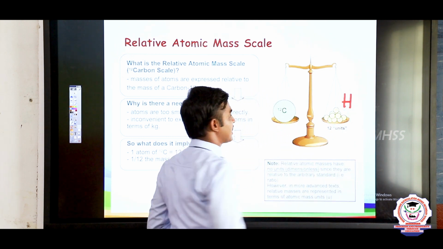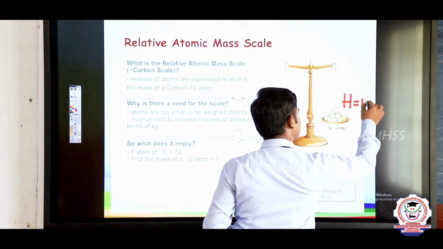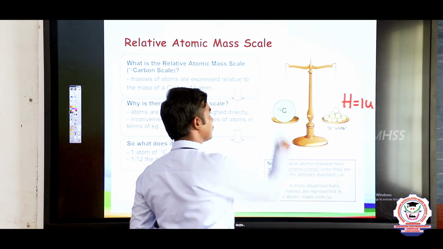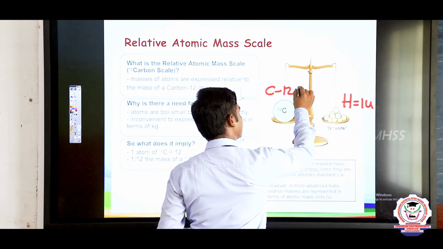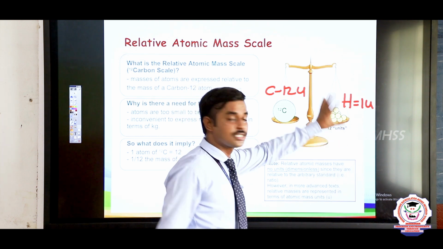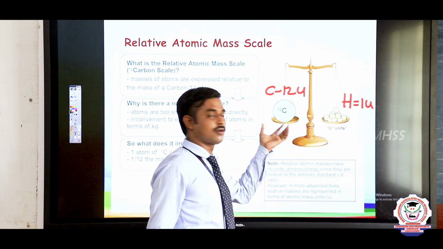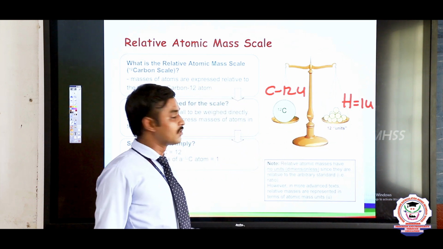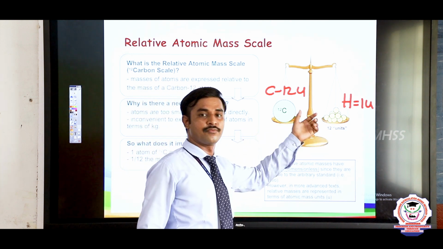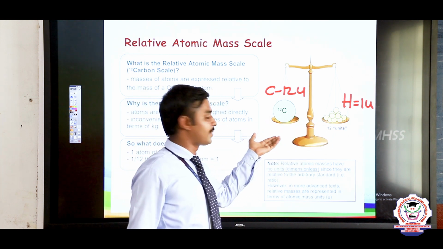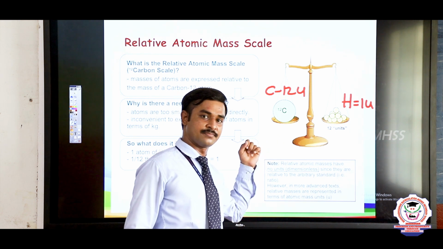The weight of a hydrogen atom is 1 unit. For carbon there are 12 units. So, 12 hydrogen atoms are equal to 1 carbon atom. So, we can measure the hydrogen atom weight by comparison with the C12 atom.